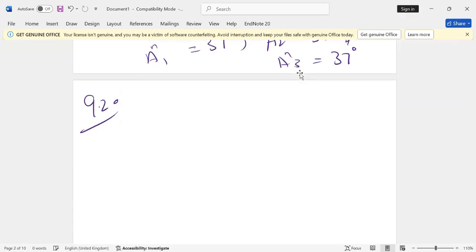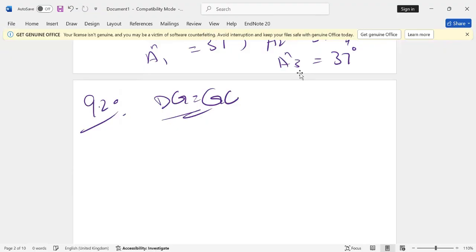Okay. So we have to prove DG equals GC, right? So we have to prove that triangle DGC is isosceles by showing that D1 equals C1.